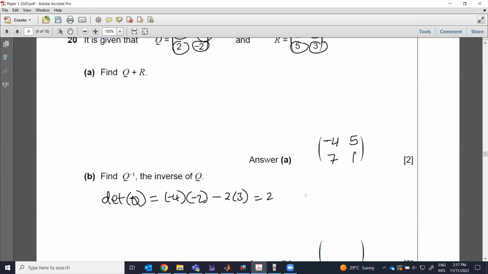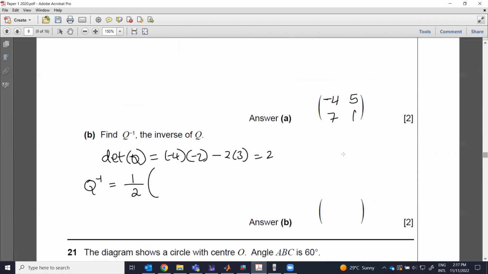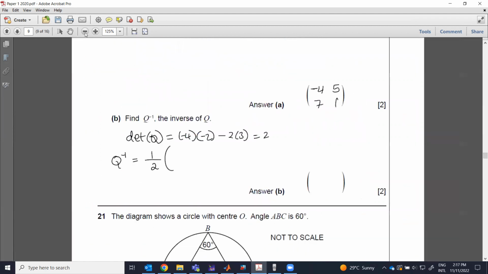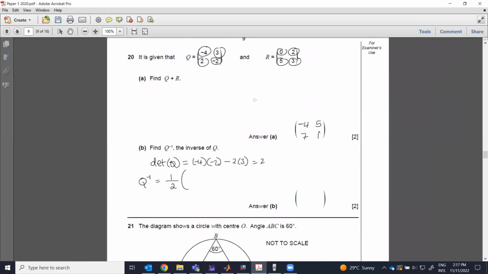Then what you do is you take your determinant. Now to find Q inverse, you say 1 over your determinant, so 1 over 2. And then you form a new matrix here. How do you form this new matrix? What you do is, okay, I'm going to zoom out just a bit.